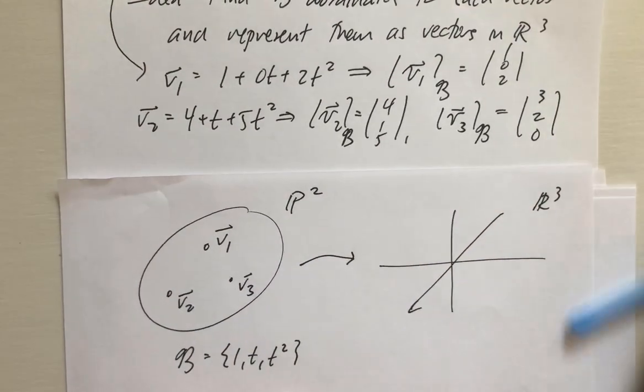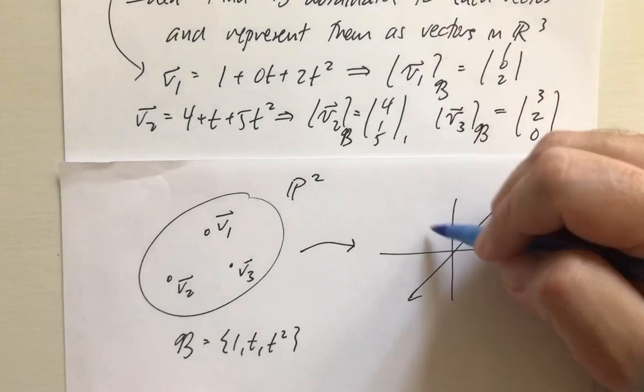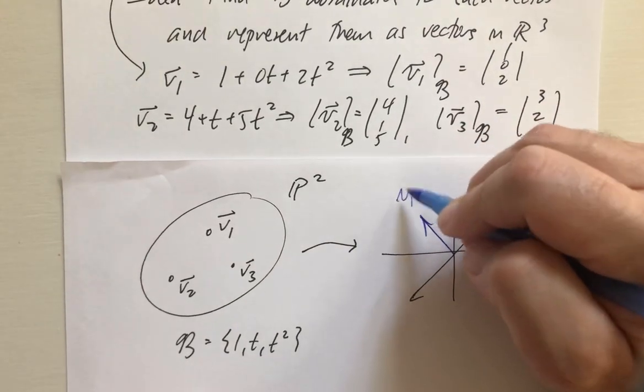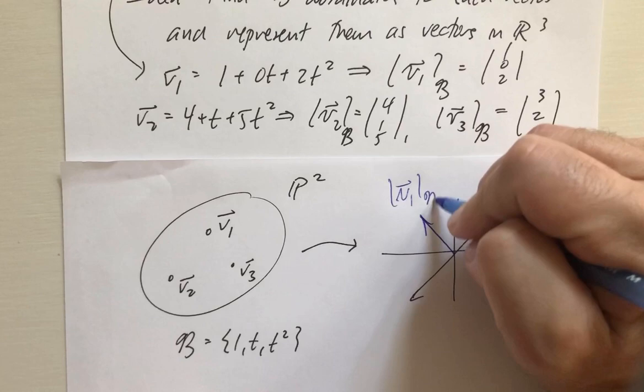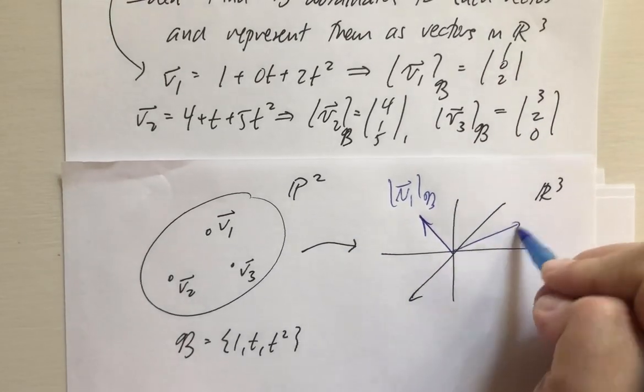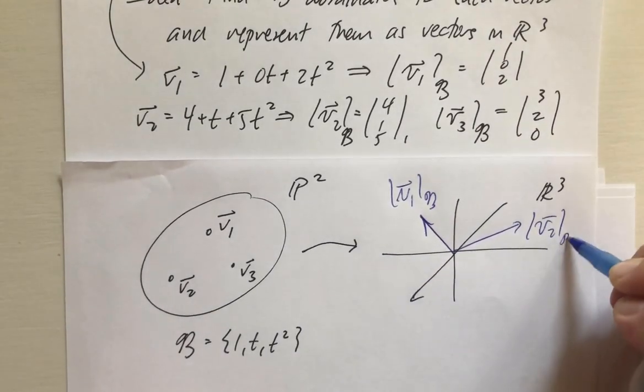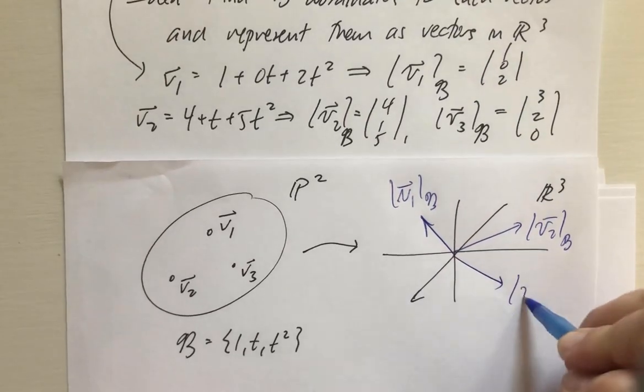So maybe I'll just try to use this color. I'm not going to worry about coordinates, but this was V1, the B coordinate vector for V1, and this was V2, the B coordinates for V2, and then V3 was something over here.